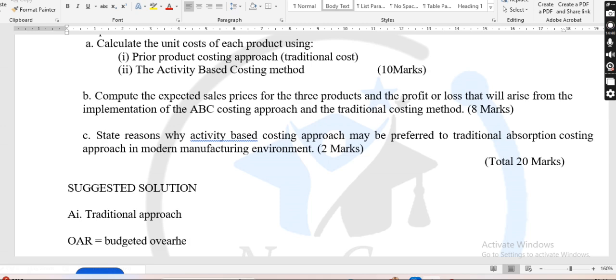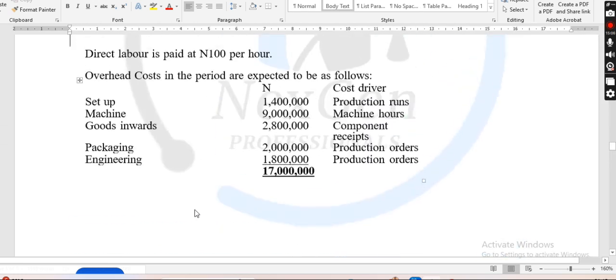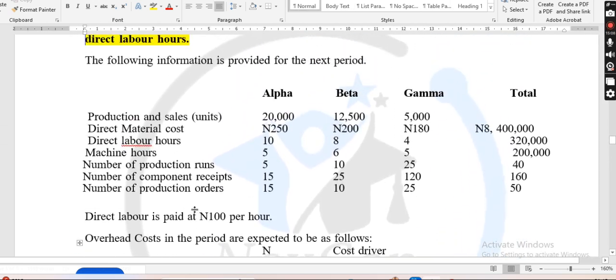Budgeted overhead, or budgeted fixed cost, divided by budgeted activity. But this activity is mentioned. It is the direct labor. Don't forget that it is actually mentioned in the question.